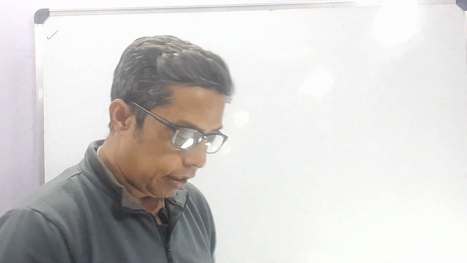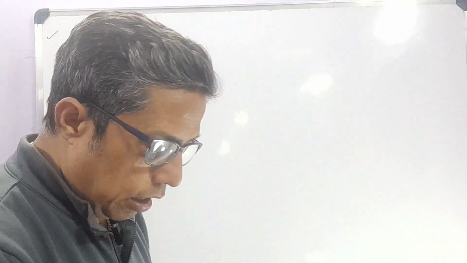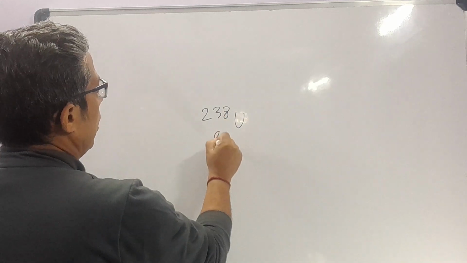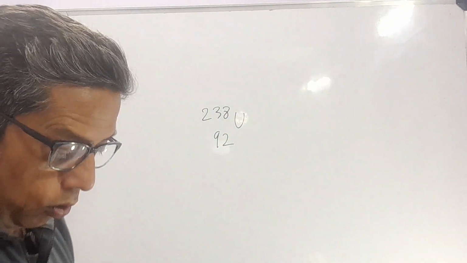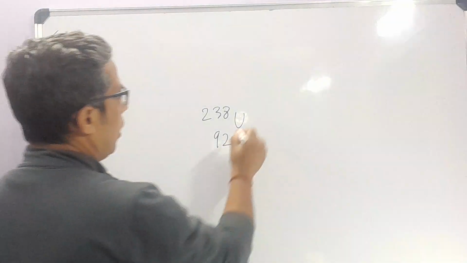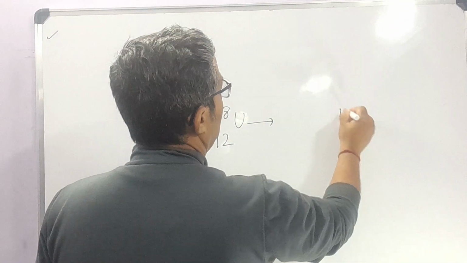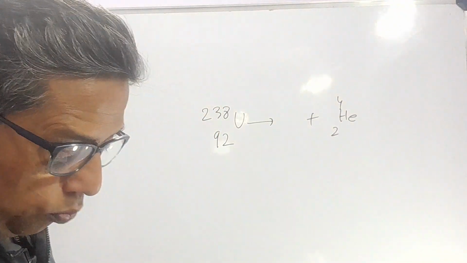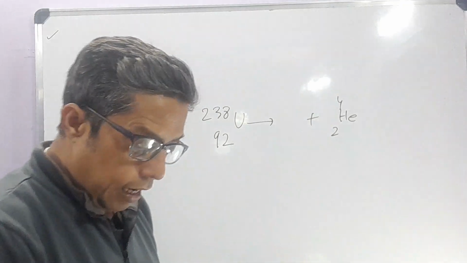Let me share the properties and differences between alpha, beta, and gamma particles. There is alpha emission, beta emission, and gamma emission. Take uranium 238. From this uranium, we get a new atom along with one alpha particle, that is helium 4, 2: one alpha particle emitted, 2 protons and 2 neutrons.